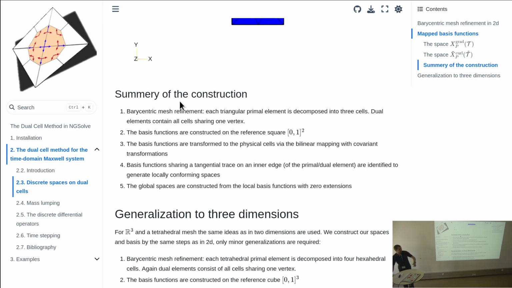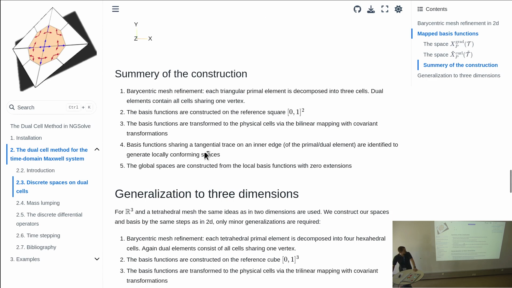Okay, so let's sum up the construction. We do the barycentric mesh refinement, at least theoretically. We construct the basis function on the reference square, and then the basis functions are transformed to the physical cells.